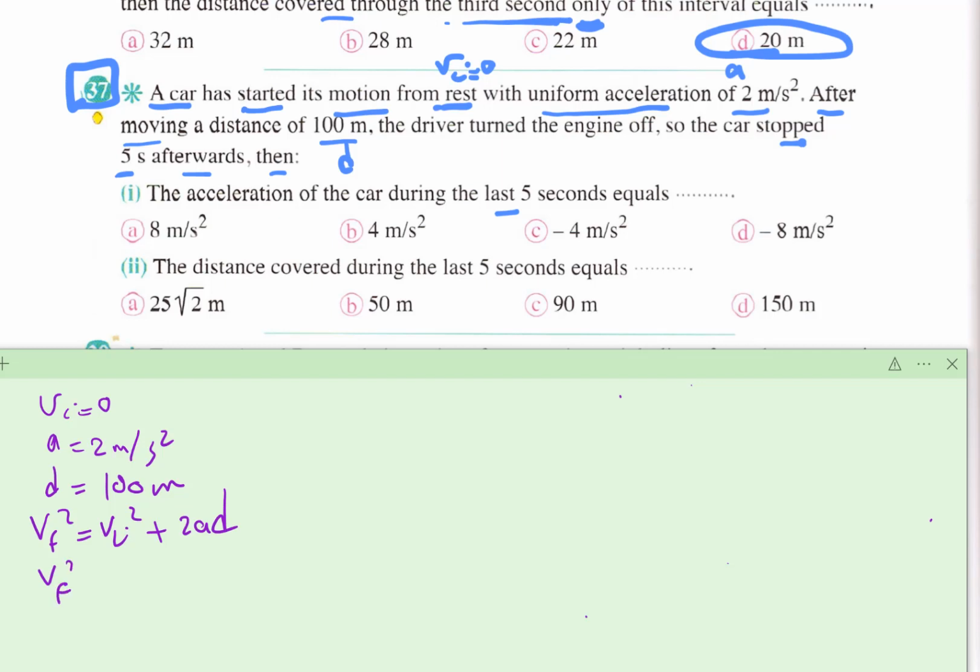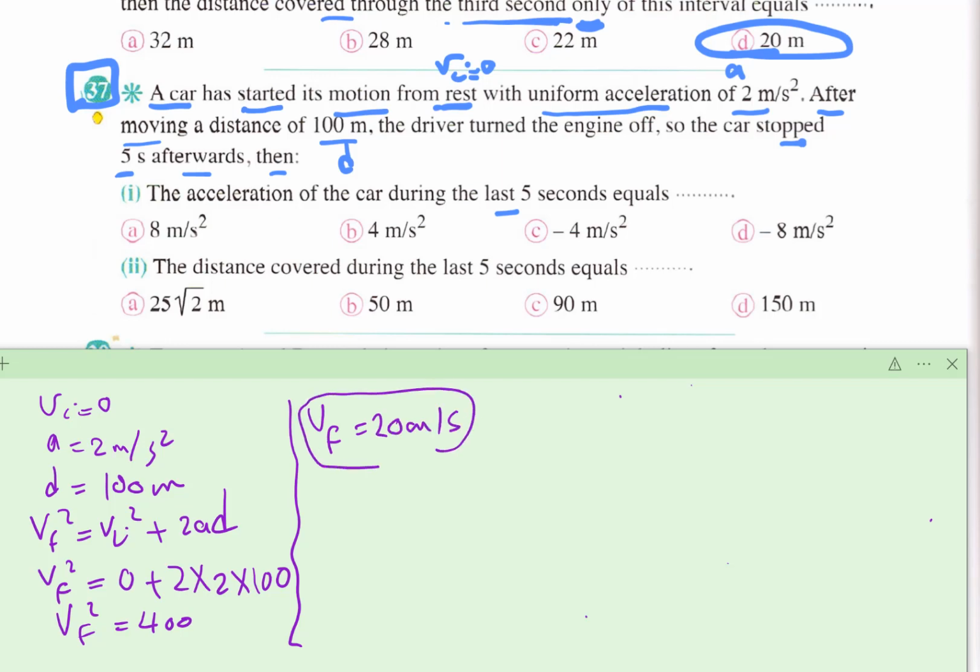So V final square equals 0 plus 2 times the acceleration 2 times the distance 100. So V final square equals 400. So V final equals 20 meters per second. Right, guys?